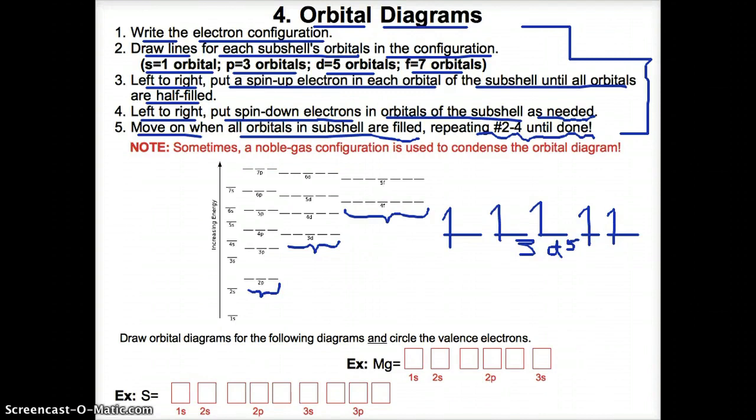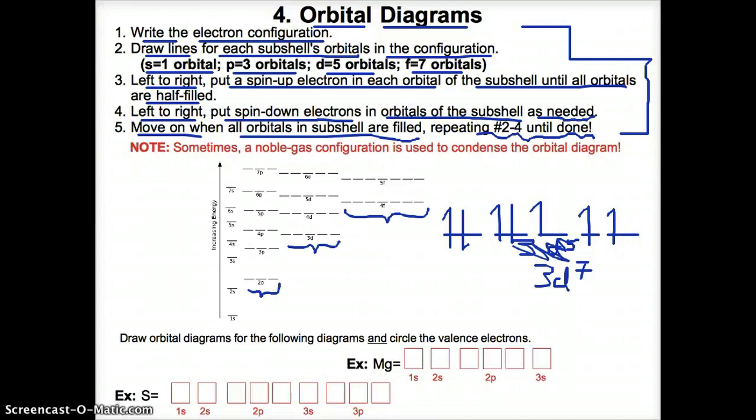Since this matches 5, that would work. Now on the other hand, let's take another example, and let's say it's 3d7. Just like before, for the first 5 electrons in that 3d subshell, you go 1, 2, 3, 4, 5, and then for the 6th and 7th one, since you've half filled everything, now you can go on to step 4 and start pairing the spin downs like this, 6th and 7th like that, to get 3d7. So that's what I mean by an example.